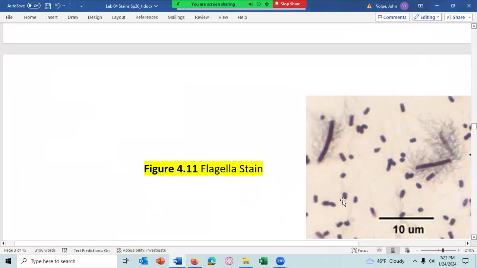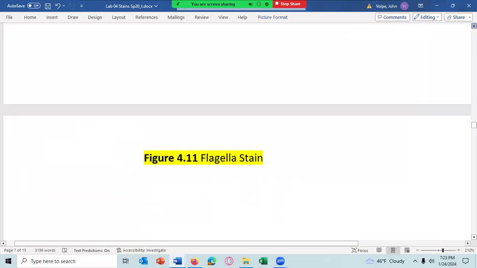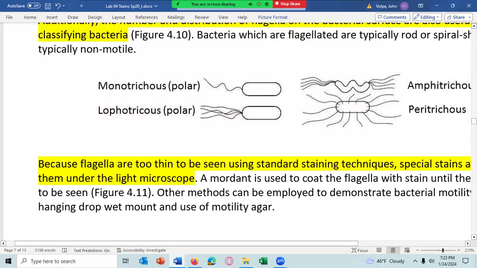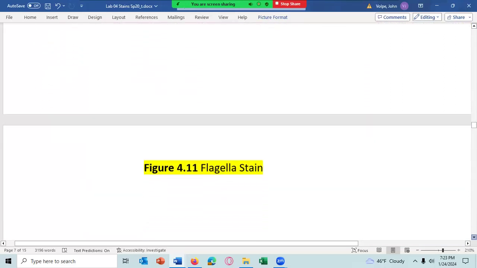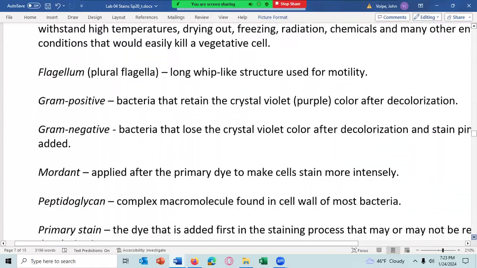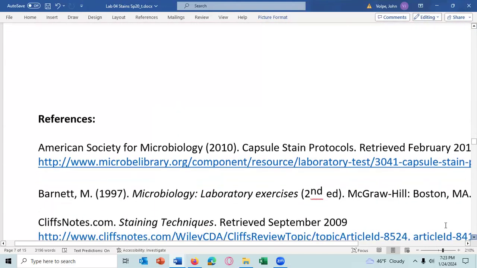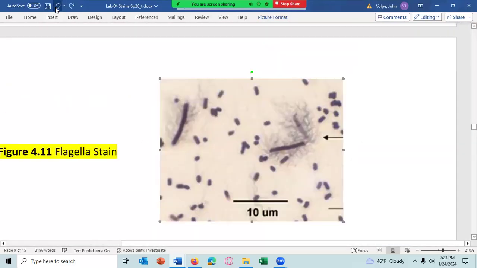All right, this one looks like it has two flagella on one end. There's one in here. Oops, didn't mean to do that. Now where is it? I think I accidentally deleted it. There it is.